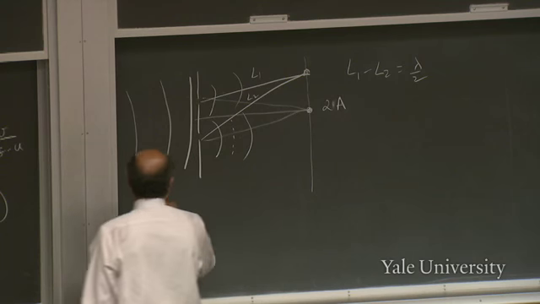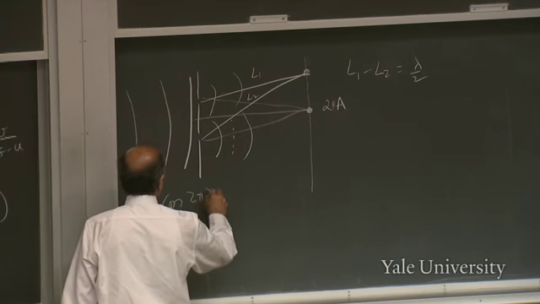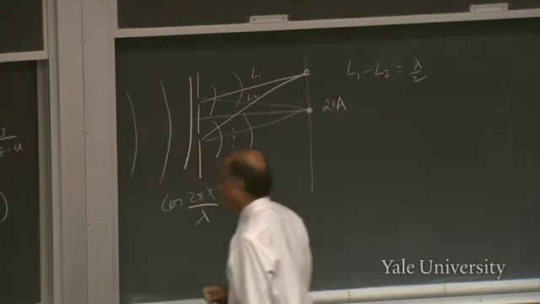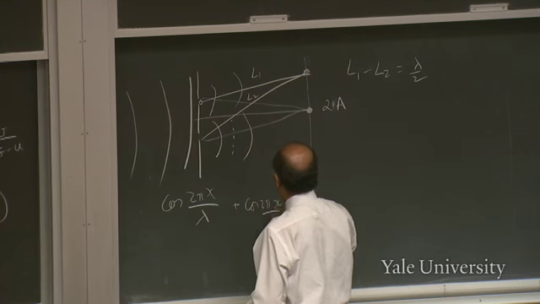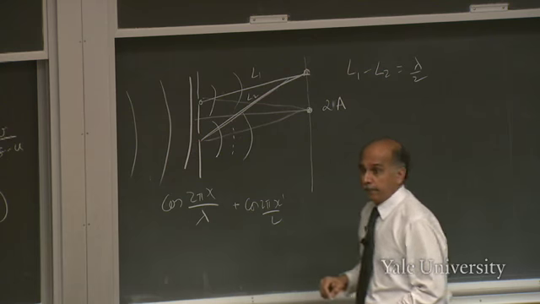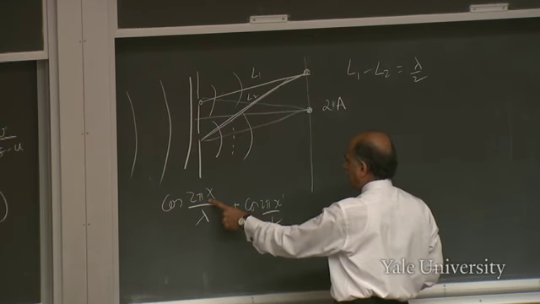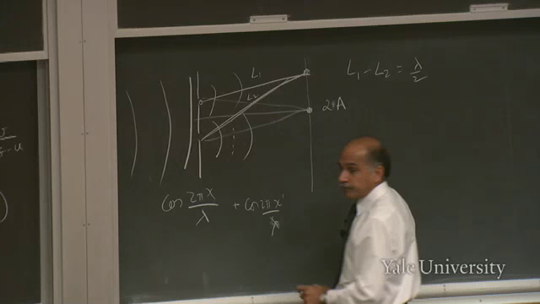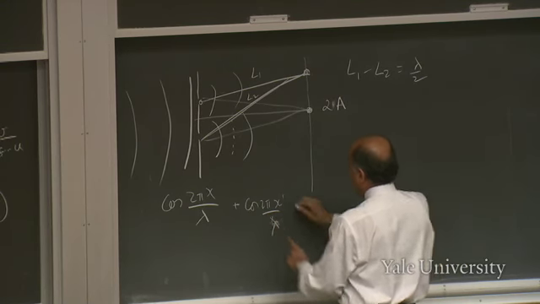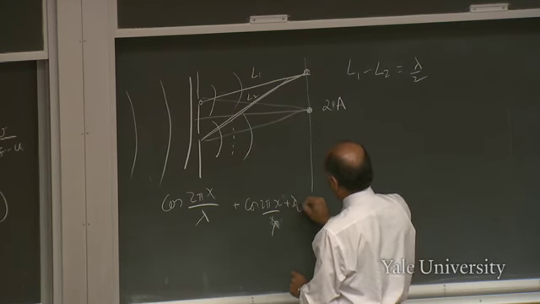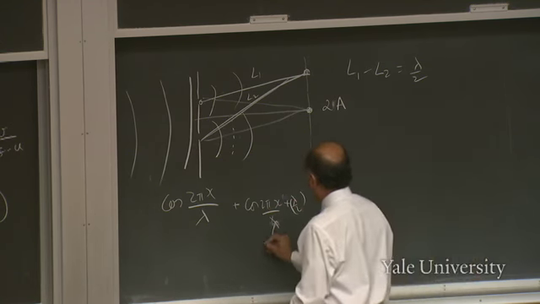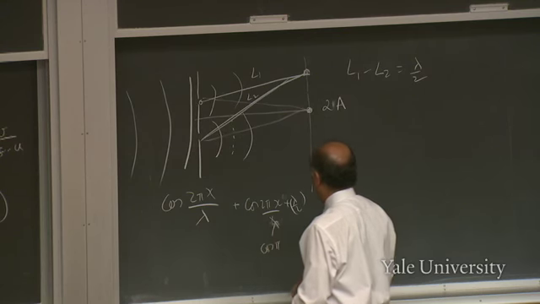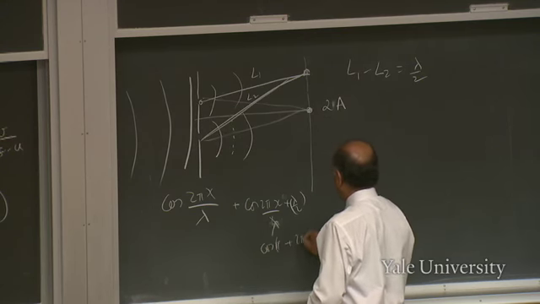Let's understand why. The way it travels is cosine of 2 pi x over lambda, where x is, say, measured from here. For the other guy, it is 2 pi times x prime over lambda, where x prime is that length. If that length is longer than this by lambda over 2, if this is x plus lambda over 2, look what you're getting extra. 2 pi times lambda over 2 divided by lambda is really pi, plus what the other person got.